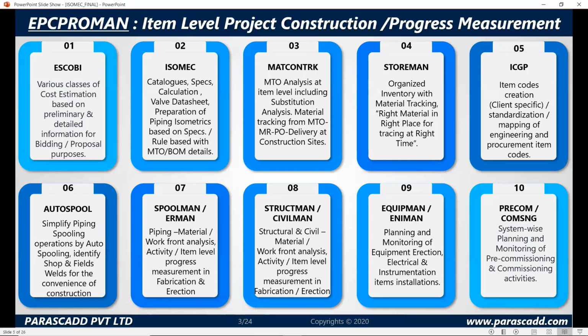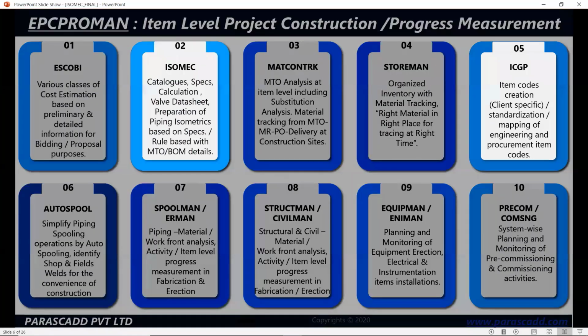Among them, today we have the ICGP and ISOMEC, starting from item code generation to catalog specific generation, ISO drawing generation, and the associated bill of materials.